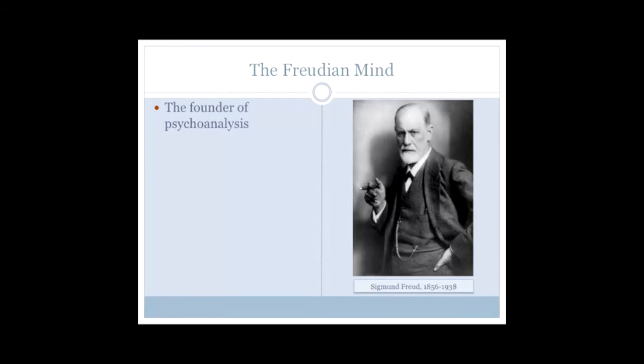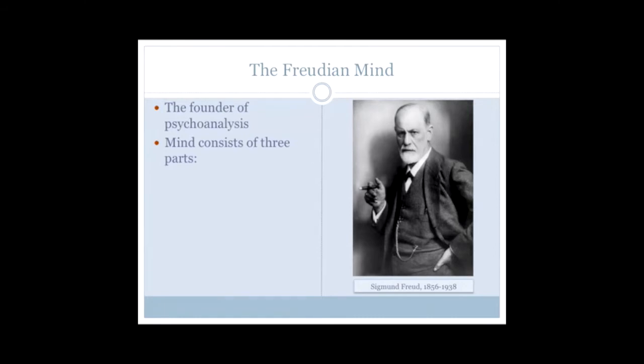So here he is, Freud, the founder of psychoanalysis. What was it he said about cigars? Sometimes cigars are just cigars. I'm not sure if he said that or someone that was criticising him said it, but there he is, cigar in hand. And he believed that the mind consisted of three separate parts, all of which had evolved.